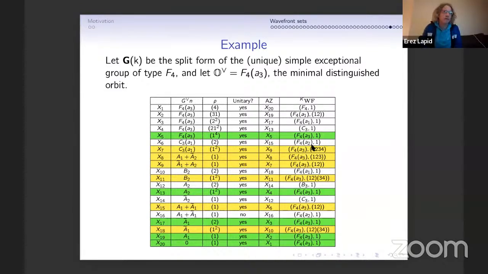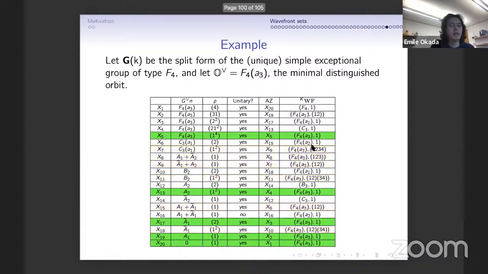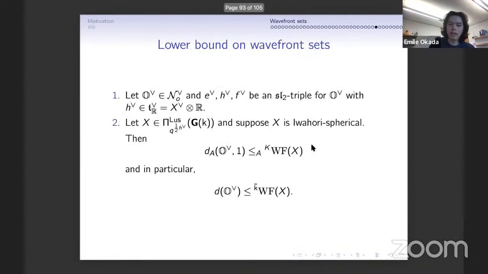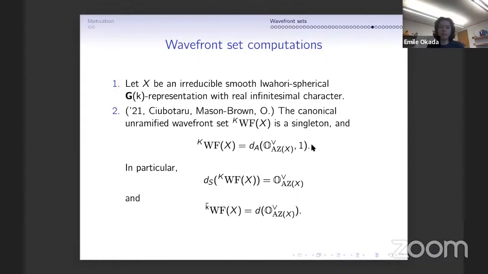Can you tell us a little bit about the techniques, the proofs? To calculate these identities relating the canonical unramified wavefront set, the proof essentially: the reason why we've done it for all Iwahori-spherical representations only is because we have this q goes to 1 operation, which gives us representations of the extended Weyl group.